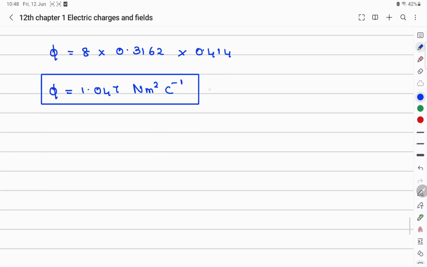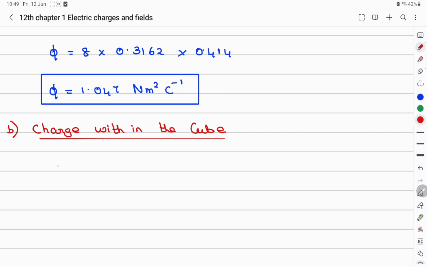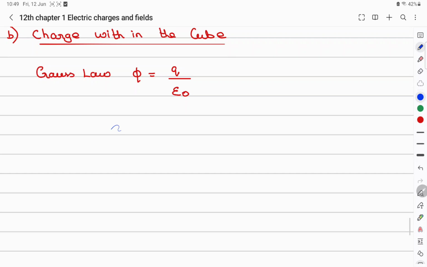And next we have to find out the charge within the cube. For that we have to use Gauss law. We know that by Gauss law, phi is equal to q by epsilon naught. So rearrange this formula to find the charge within the cube: q is equal to phi into epsilon naught.